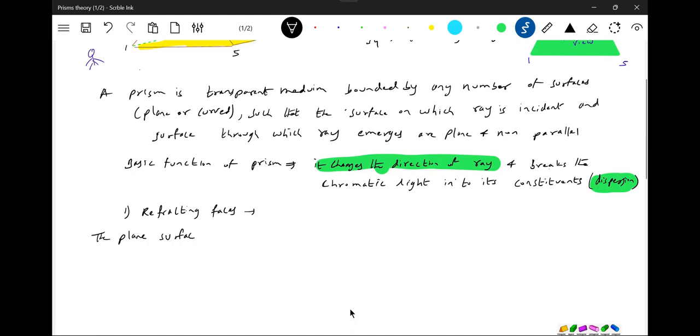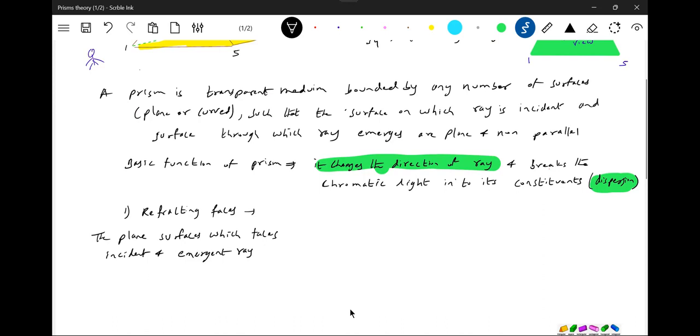The plane surfaces which face the incident and emergent rays.